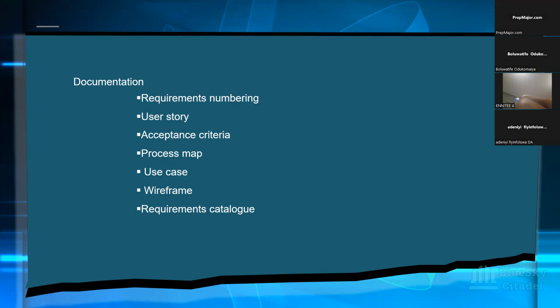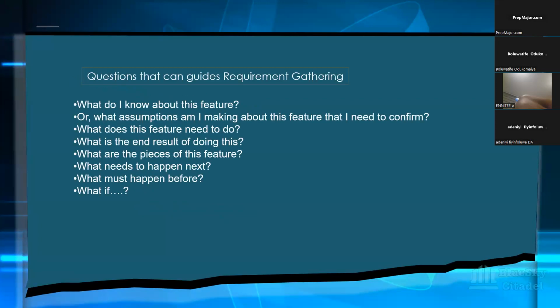So you just really need to understand what kind of stakeholder you're dealing with and know the documentation process that you will use with them so that you can easily get a sign off from them. And then we have the requirement catalog, where you can put in all the requirements and sign it off as well.